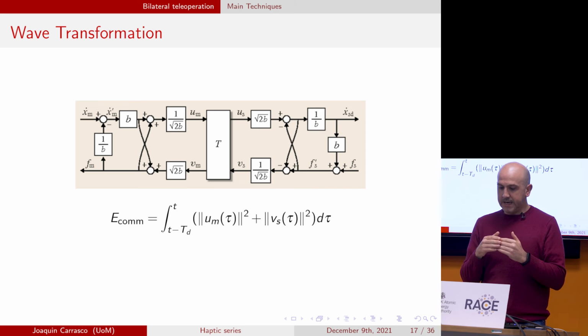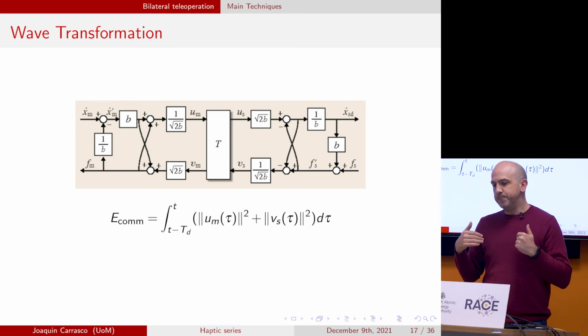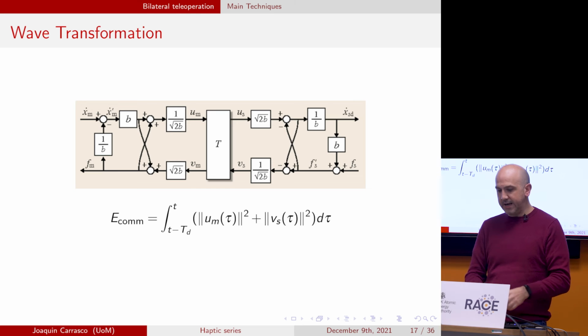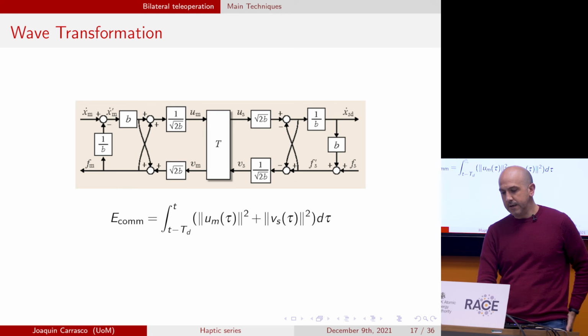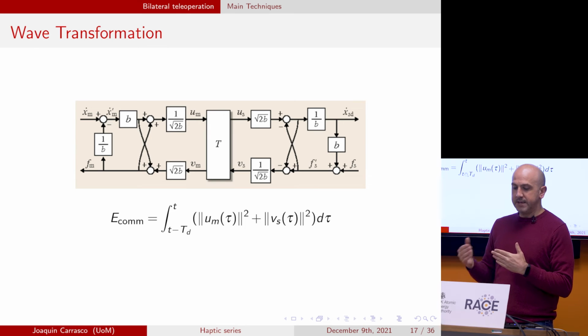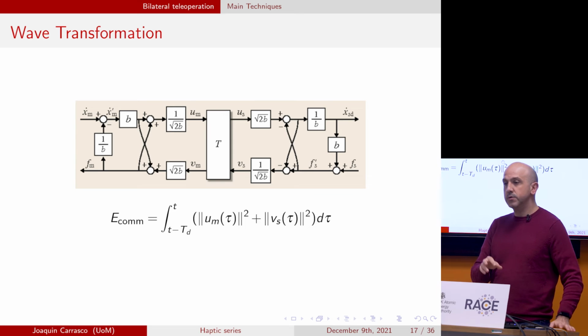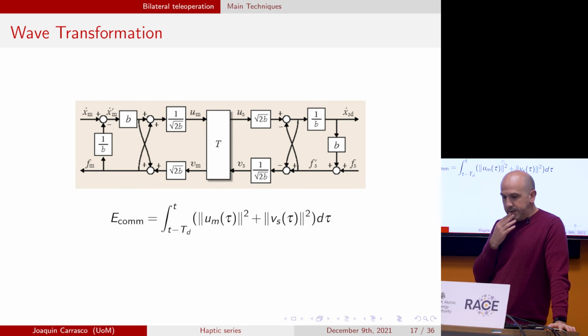So it is producing this kind of wave delivery where, with the integral between the past time delay up to now, I am able to have this kind of bound.